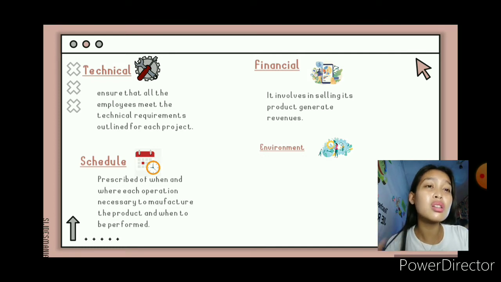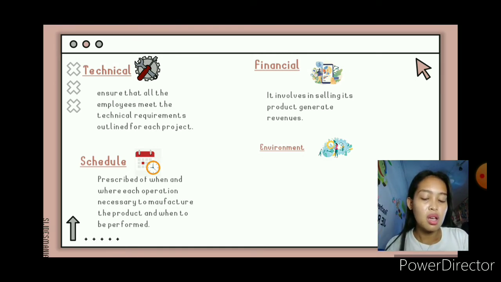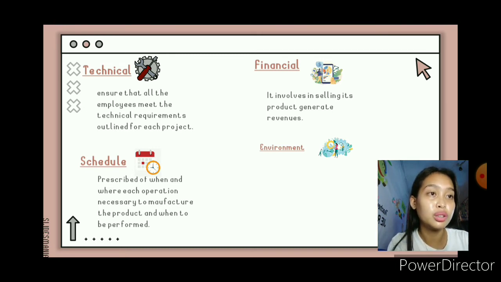It talks about the money, the income by deducting all the expenses from your business.